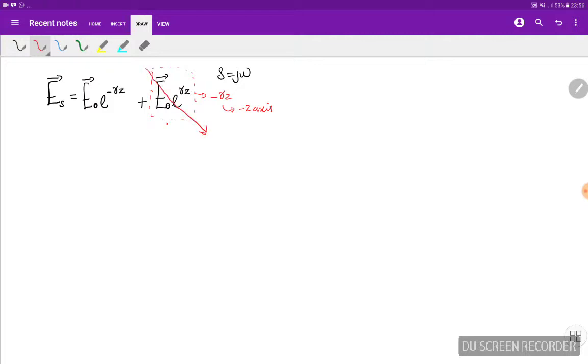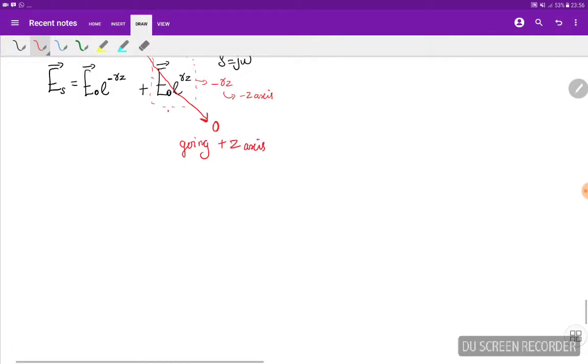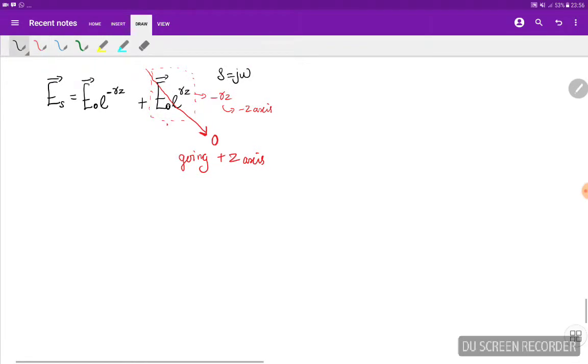We're only moving in one direction at a time, so this comes down to 0 because we're going in our positive Z axis. So all we have left in our frequency domain is E raised to the power minus this.